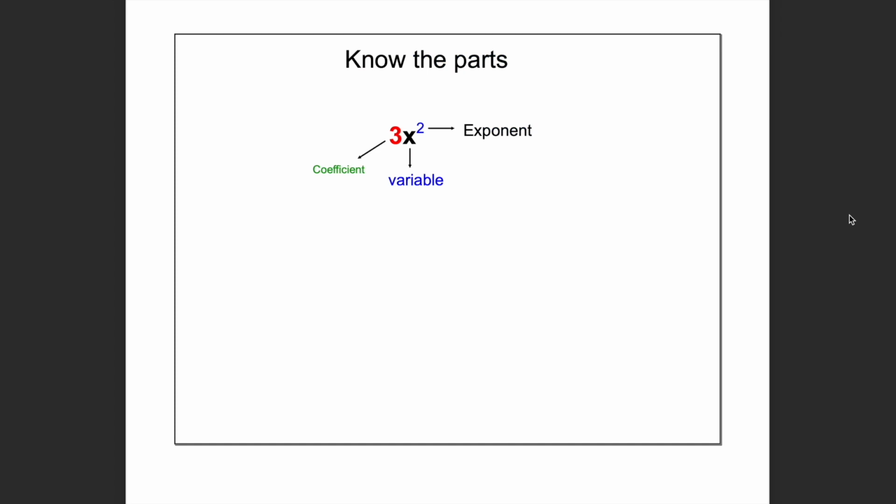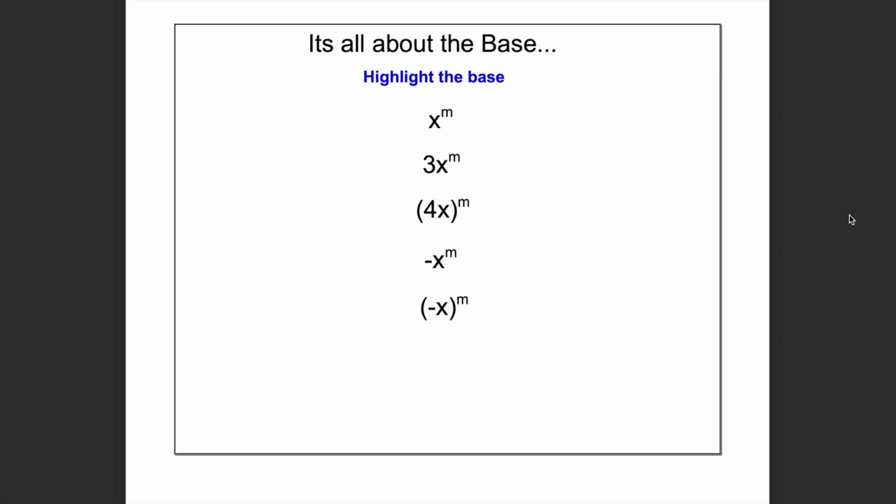Now just a reminder, know the parts. The number in front is the coefficient, the variable is the letter, and the exponent, that's what the variable is being raised by. So the base, remember, the base is what's being raised to an exponent.